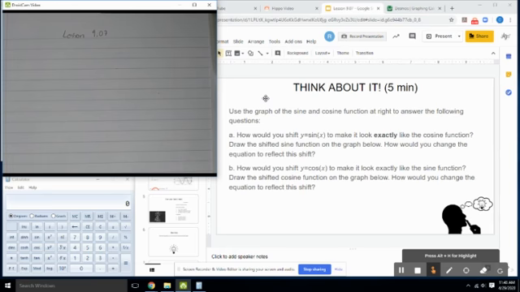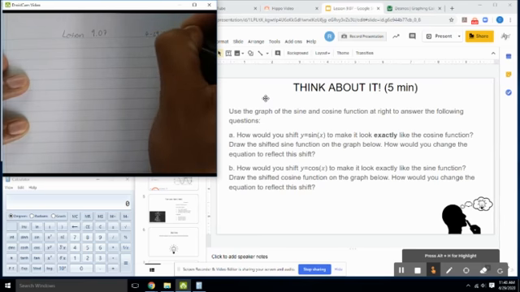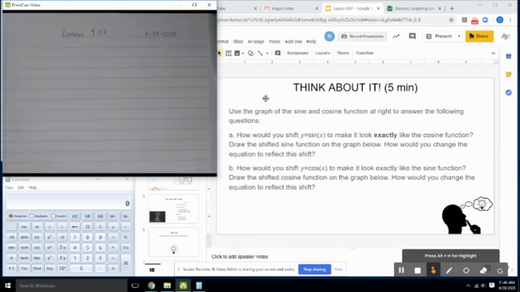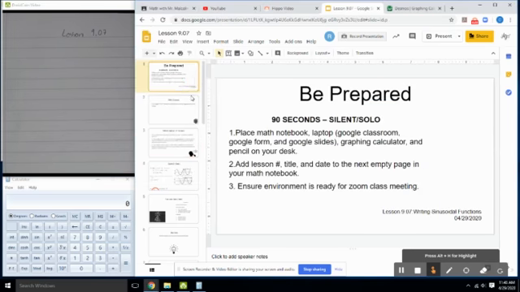Please take this opportunity to fill in the header, today's date, which is 4/29/2020, and also today's topic, which can be found over here.